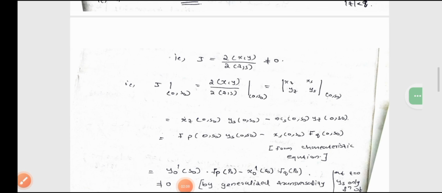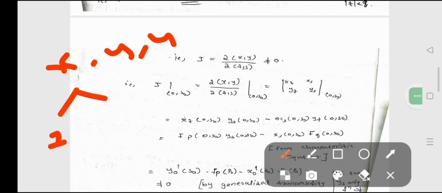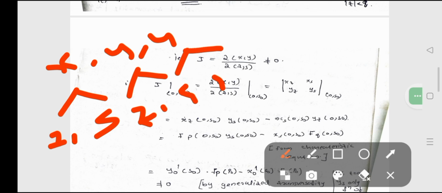For that, we must show that the mapping x of t of s, y of t of s can be inverted into a smooth mapping t of xy, s of xy. That is, xyu in parametric form, that is, xyu functions in terms of t and s. u is also in terms of t and s.